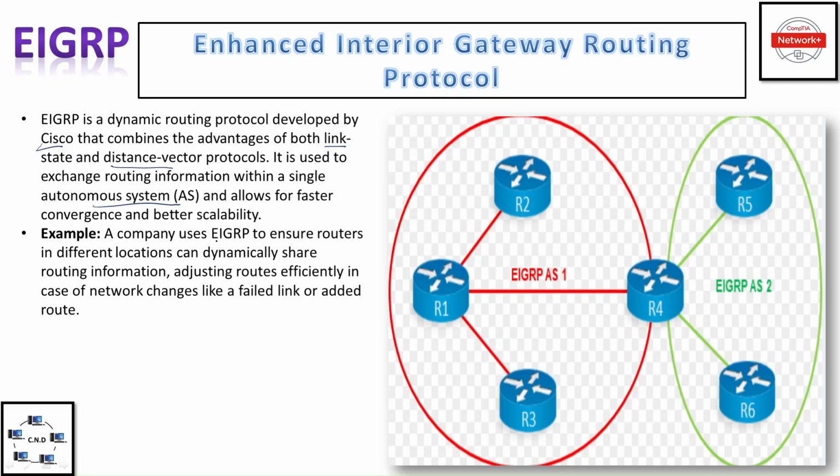For example, a company uses EIGRP to ensure routers in different locations can dynamically share routing information, adjusting routes efficiently in case of network changes like a failed link or added route.